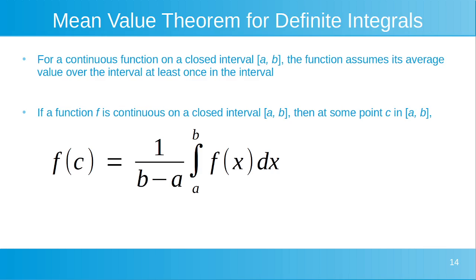If a function f is continuous on a closed interval from a to b, then at some point x equal to c in the closed interval from a to b, f of c will be equal to 1 over b minus a times the integral from a to b of f of x dx.